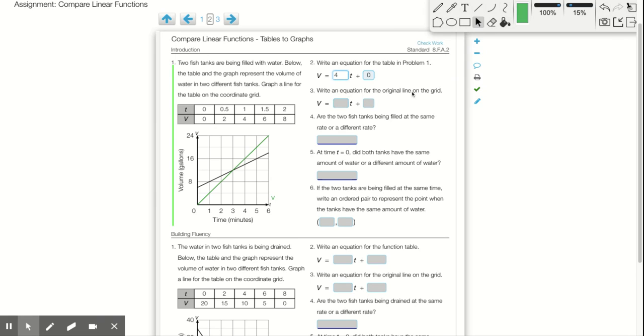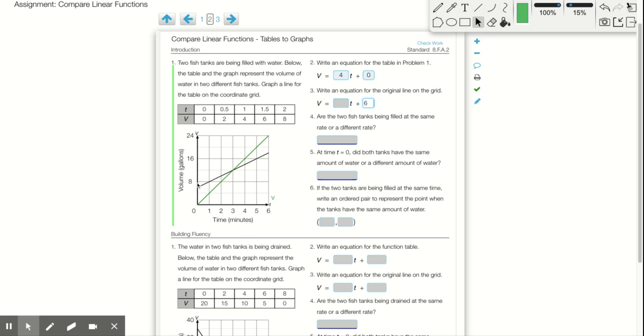Write an equation for the original line on the grid. The original line starts at 6. So where it starts here is 6. And the slope, let's find the slope of this line. This is 4, 6, there's 2 more to go to here and 1 to go here.